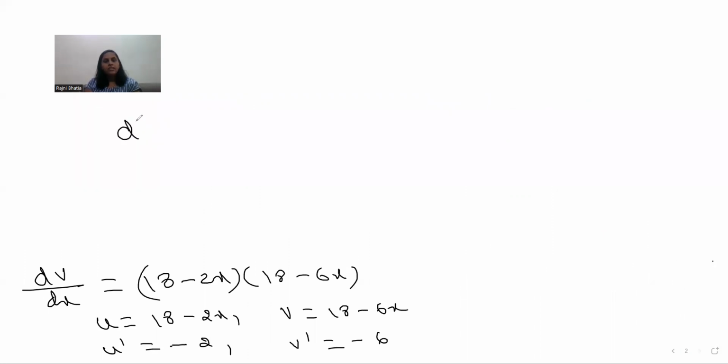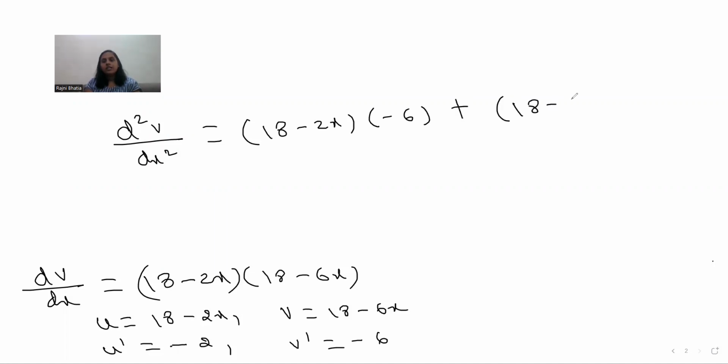So my double derivative d2v by dx2 will be uv dash, that is 18 minus 2x into minus 6, plus vu dash, that is 18 minus 6x into minus 2. Now I'm just going to put x equal to 3 to find out the sign of the double derivative.